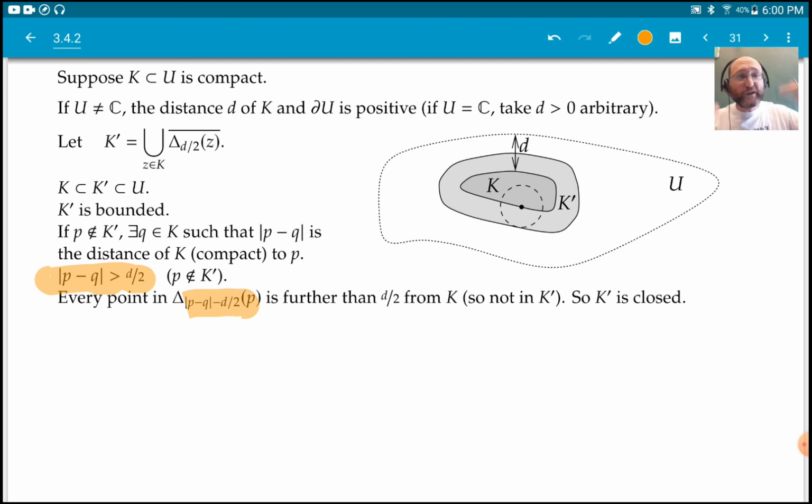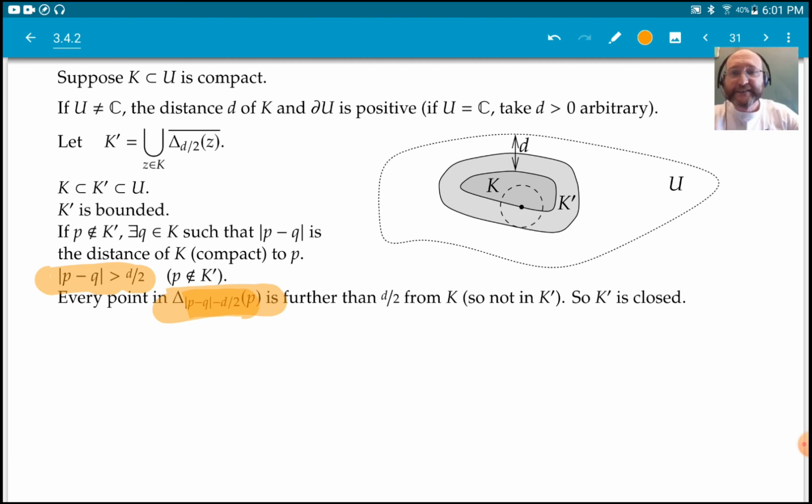Now, every one of those points is further than d over 2 from K. I mean, it's just by triangle inequality. So therefore, it cannot be in K prime, right? So this entire disk is not in K prime, and therefore K prime is bounded.